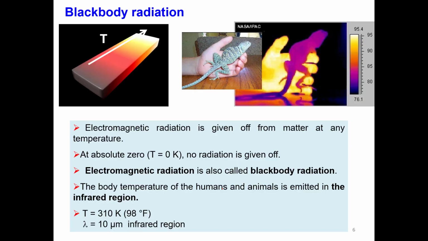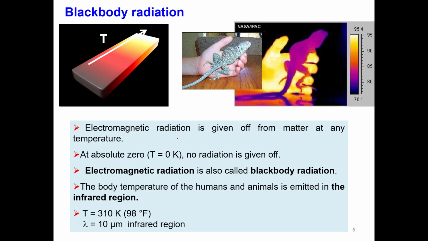Another concept that is associated with electromagnetic radiation is blackbody radiation. Remember, electromagnetic radiation is given off from any matter at any temperature. If the temperature of the body is higher than 0 Kelvin, then it will emit some radiation. That radiation is called electromagnetic radiation, or also blackbody radiation.